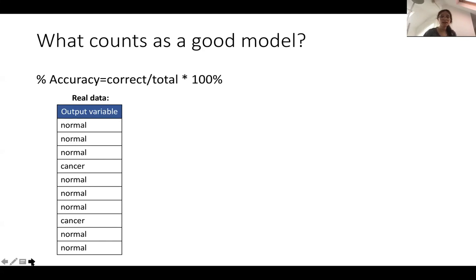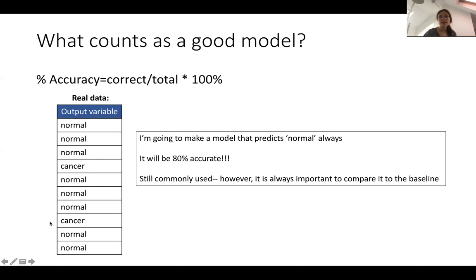For example, let's say that in our real data set, 80% of the time the cells are normal cells and 20% of the time the cells are cancer cells. I could make a really silly classifier that always predicts normal. This classifier would be 80% accurate because the data isn't evenly balanced between cancer cells and normal cells.